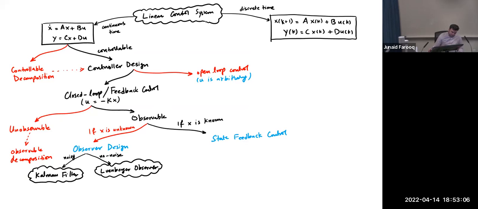Now looking at the state feedback control, we looked at actually three different types. One is pole placement. Right, this we do if you already know the desired pole locations.